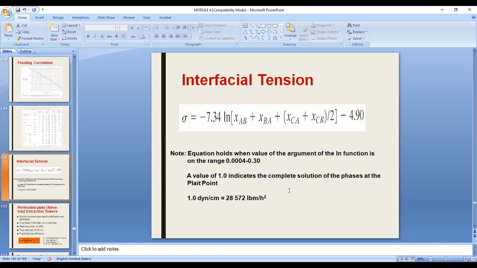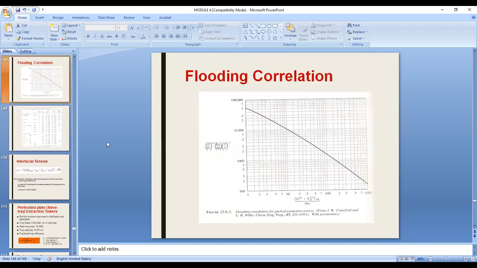If there's complete solution of the phases at the plait point, there won't be any separation because they will be one homogeneous phase already. And there won't be any mass transfer that could be expected from that. You'll be needing this very important conversion in the process of determining the diameter of your column when you use this particular flooding correlation diagram.